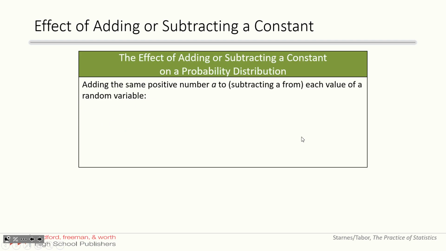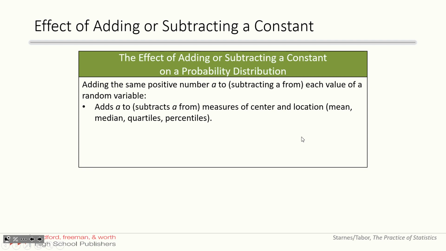All right, so formally tying this all together, the effect of adding or subtracting a constant on a random variable or a probability distribution: if I add or subtract a number from a random variable, it would add or subtract from all the measures of center and location: mean, median, minimum, maximum, Q1, the value for the 50th percentile, the 75th percentile rank.